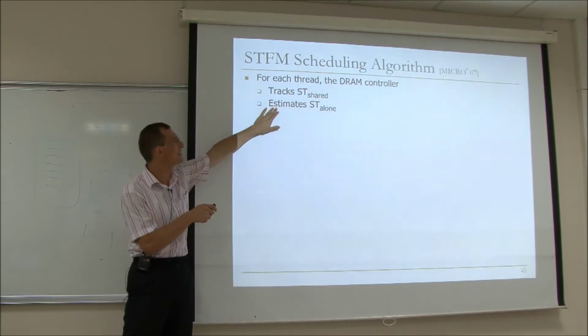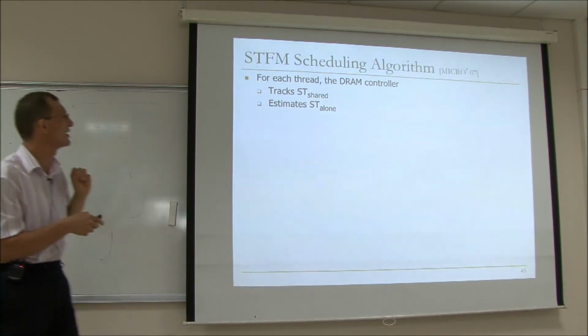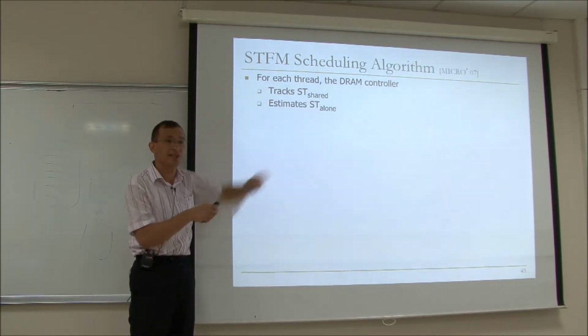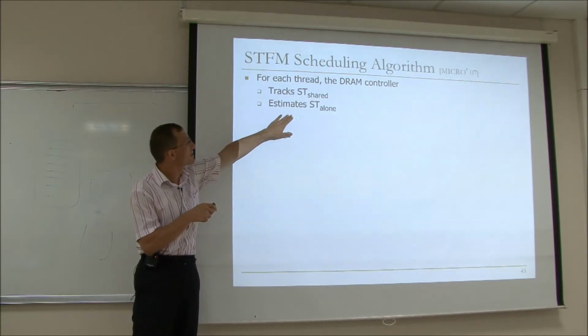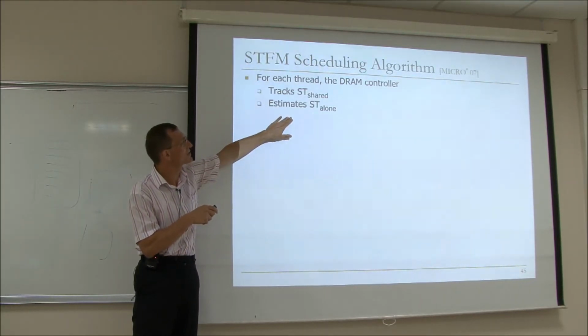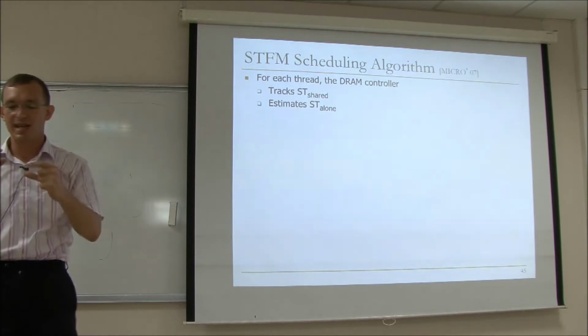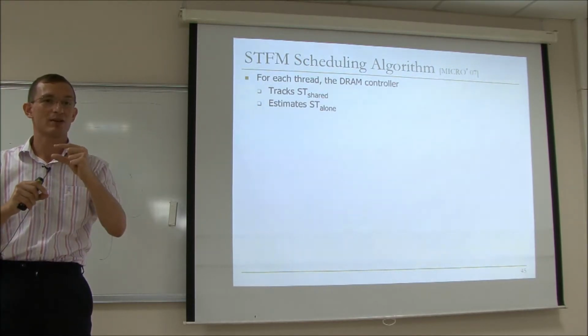And how do we do that? I'll discuss this in a little bit more detail later on. But basically, the memory controller keeps track of the interference that happens between these different threads and subtracts those interference cycles that a thread experiences from stall time shared. So let's say you have threads A and B, and the memory controller preferred B's request over A's request when A had a request.